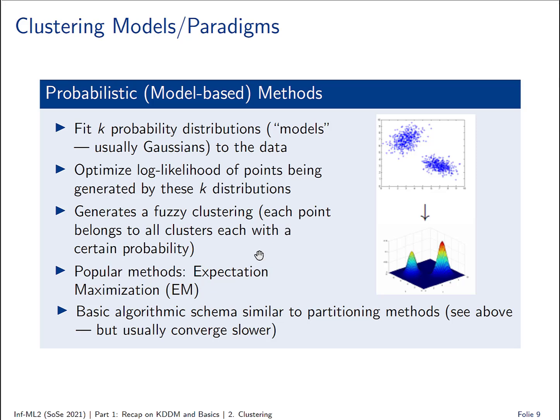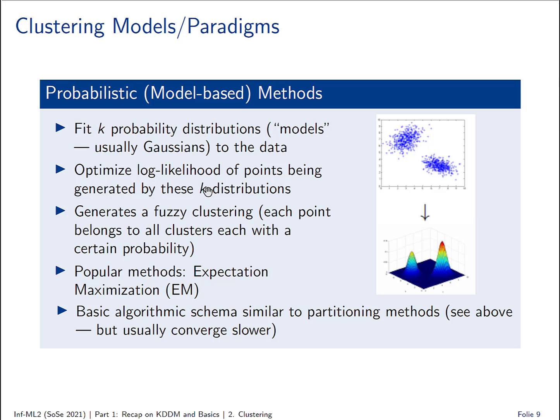Yeah, popular methods include especially the expectation maximization algorithmic schema. The basic algorithmic schema of EM is very, very similar to partitioning methods. You start off with some random k Gaussian distributions.